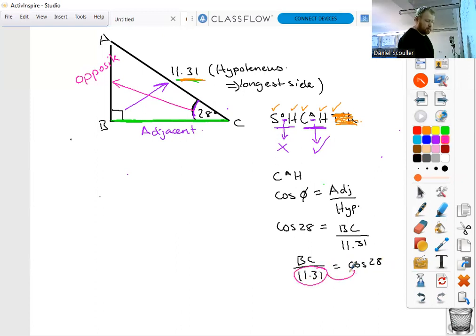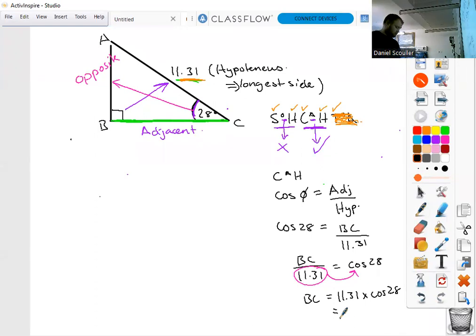That bottom part is going to come across and it's going to become a multiply. 11.31 multiplied by cos 28. 9.99 meters.